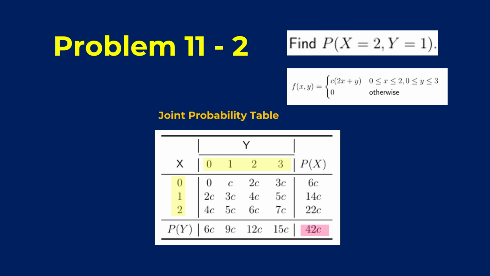And here again, solving this problem is much easier because all we need is to find the value of the joint probability when x is equal to 2 and y is equal to 1, and plug in the value of c, which we calculated in part 1. So 5c is equal to 5 divided by 42 because c is 1 by 42, and that is our joint probability when x is equal to 2 and y is equal to 1.